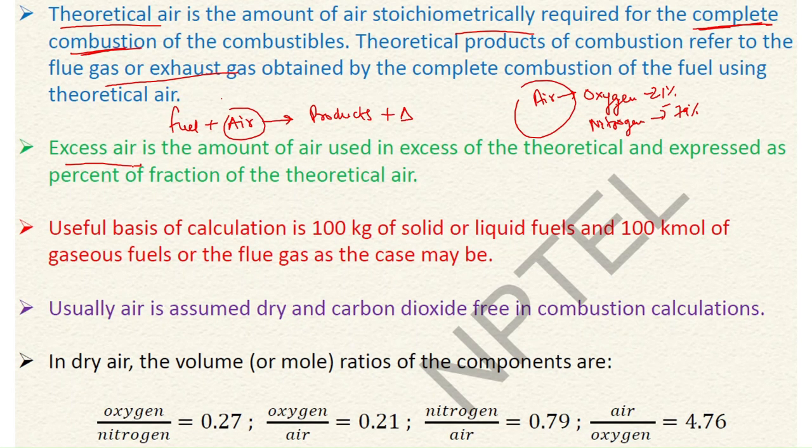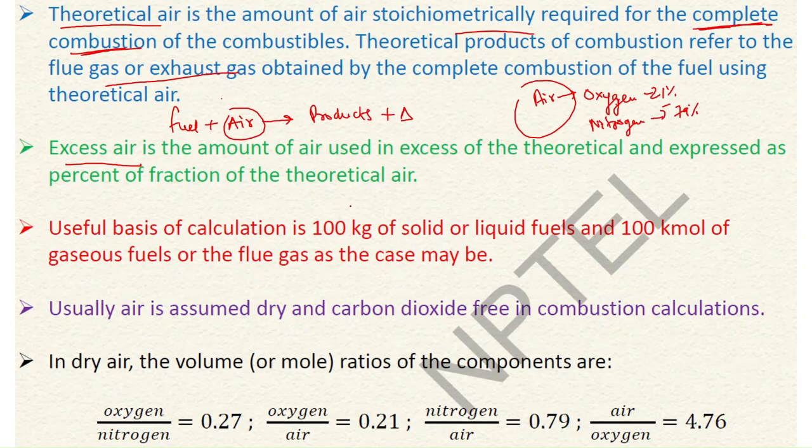Apart from that, there is another term, which is the excess air. As we know, if we take air according to the stoichiometry, it is impossible for complete combustion of the fuel to take place, because mainly only oxygen is responsible for combustion. If we take air, it only uses the amount of oxygen present in the air.